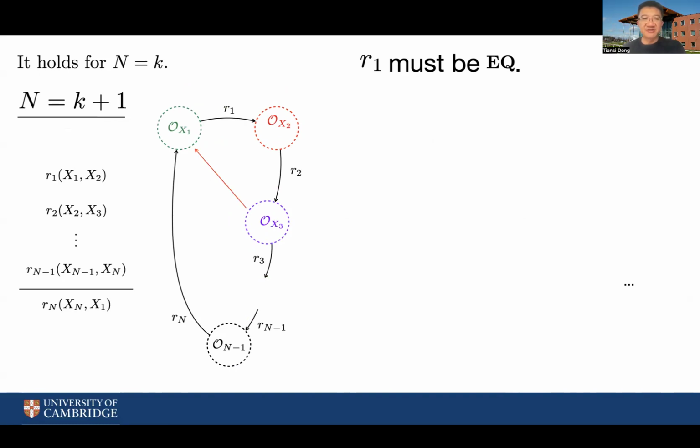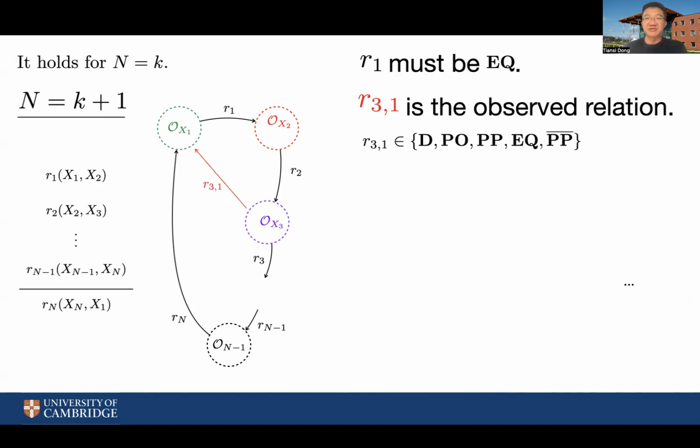Let's introduce the relation between O1 and O3. We call it R3,1. This is the observed relation, and it can be D, PO, PP, equal, or PP inverse.